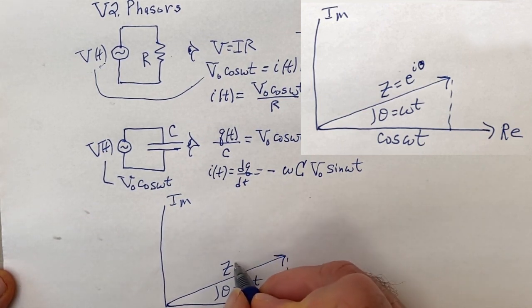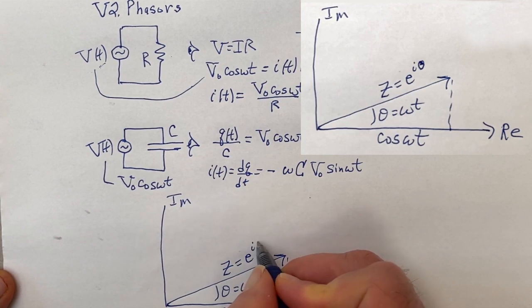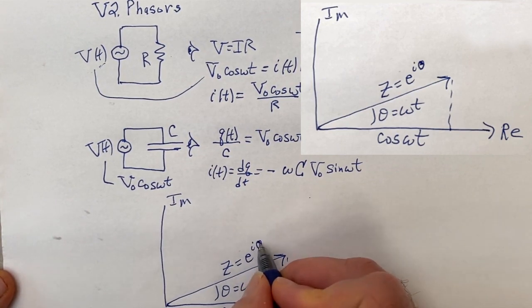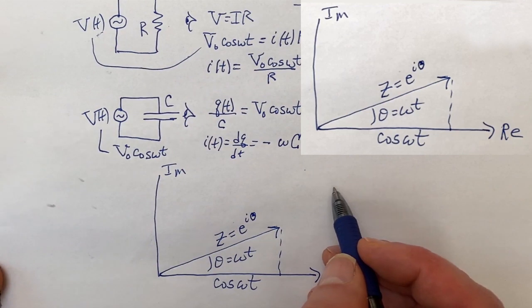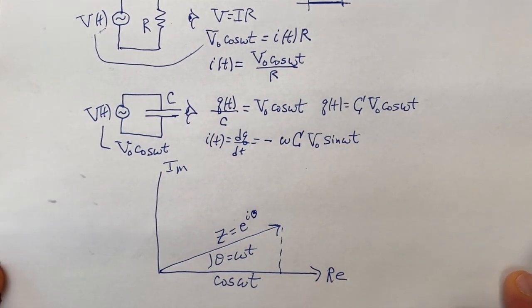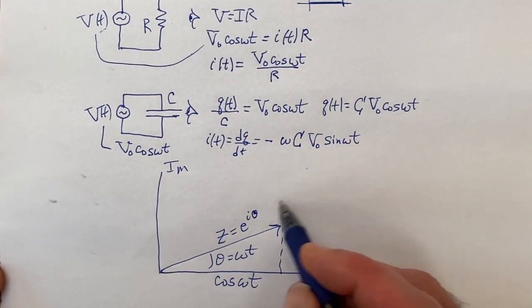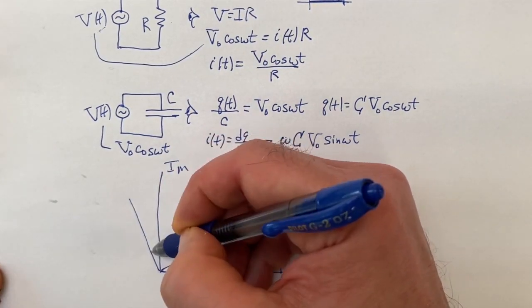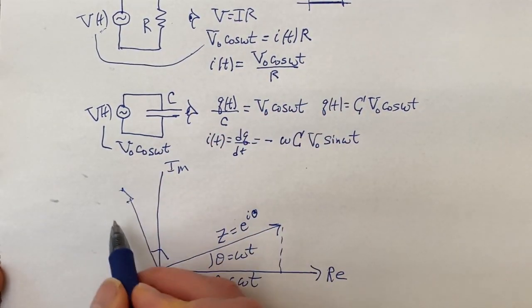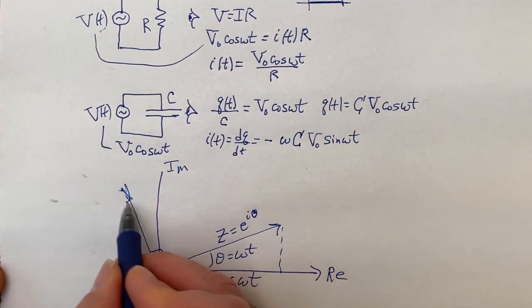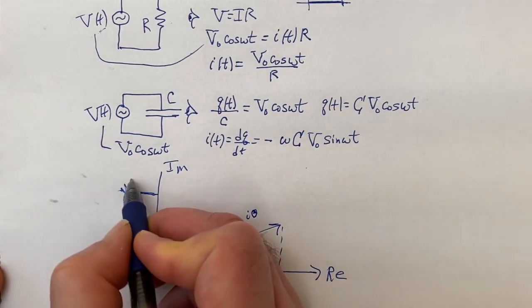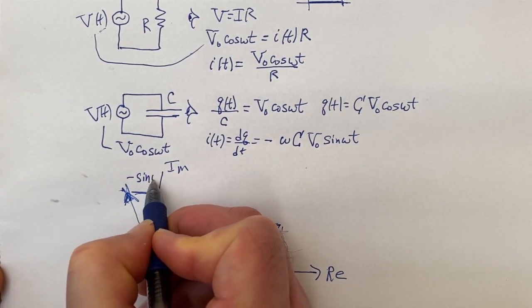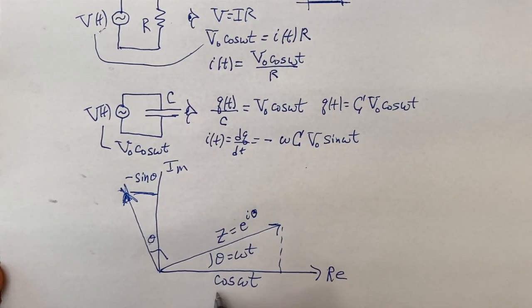If you let this equal e to the i theta, so that's 1 unit, then this is your cosine there. And if I'm looking for something that's going to be a negative sine, if we rotate this by 90 degrees, this is your angle. This is going to be a minus sine of theta. This is your cosine of theta.